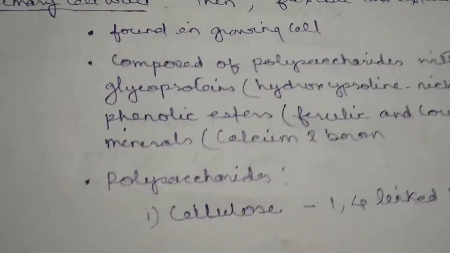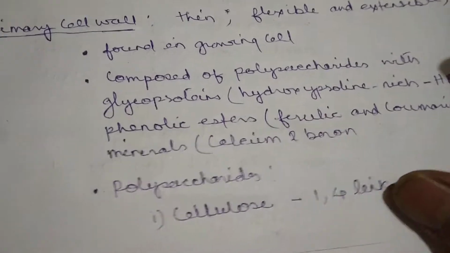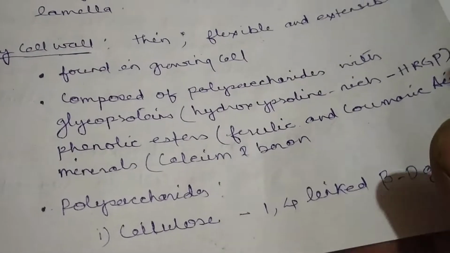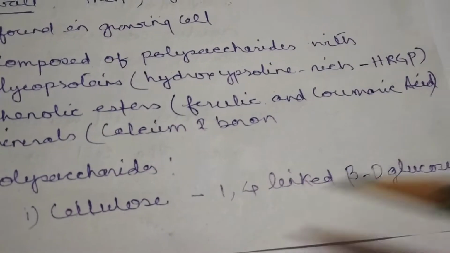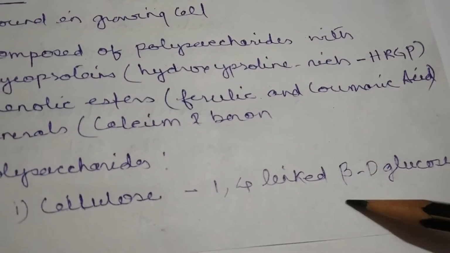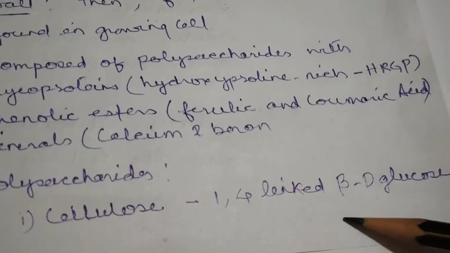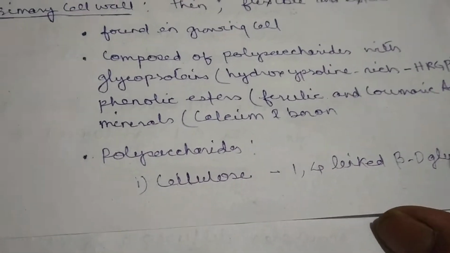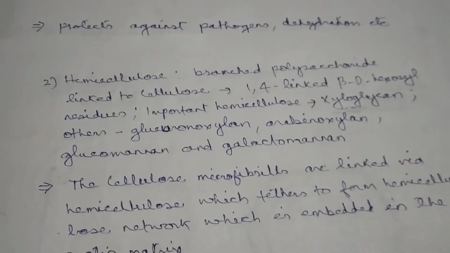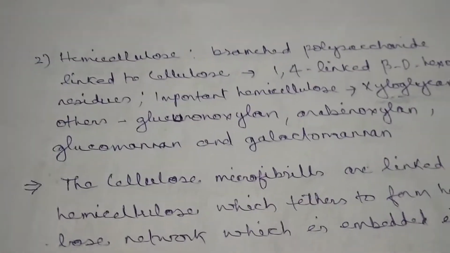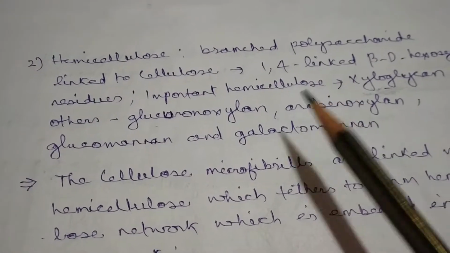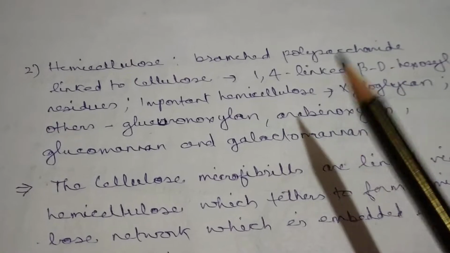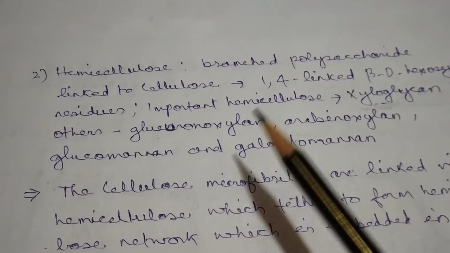Now, what type of polysaccharides are present? Cellulose is the primary polysaccharide, and we all know the linkage of cellulose is composed of glucose, 1,4 linked beta D-glucose. This is the cellulose which is present in the cell wall. Then the second compound is hemicellulose, which is also similar to cellulose, but it is a branched polysaccharide linked to cellulose.